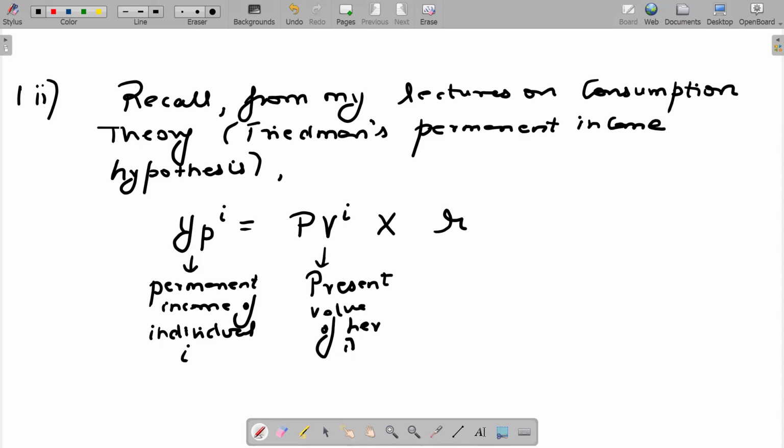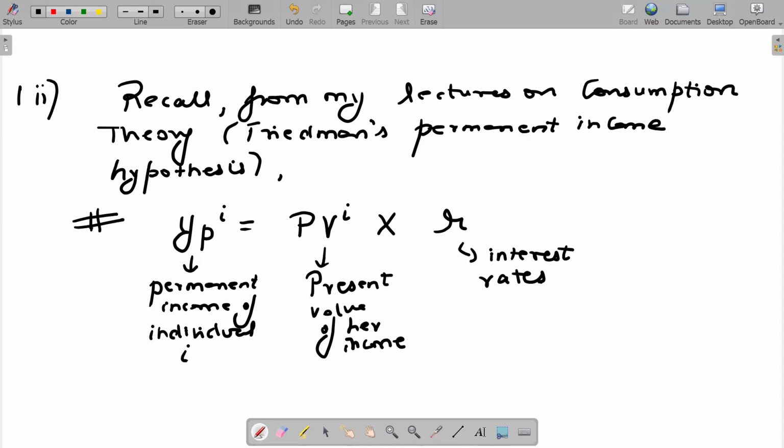Present value of her income. And this is the interest rates. So this is the equation, okay, which shows the relationship between permanent income, present value of income, and interest rates.